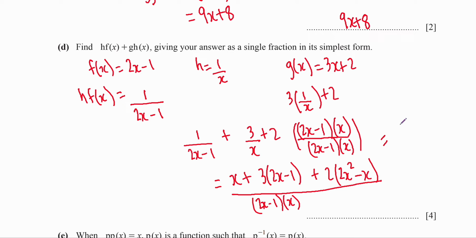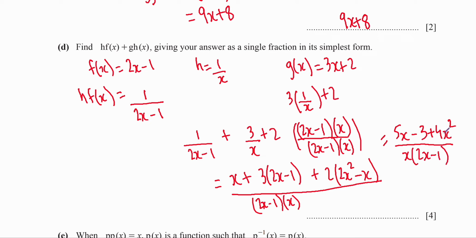So that's 5x. Just opening the brackets. So x plus 6x, 7x, plus minus 2x is 5x. And then 3 times negative 1 is negative 3. So you have negative 3. And then you have 2 times 2x squared, so plus 4x squared. And then all of that is divided by x times 2x minus 1.